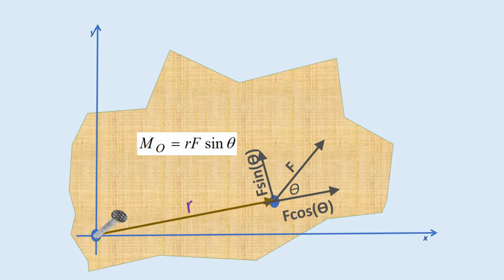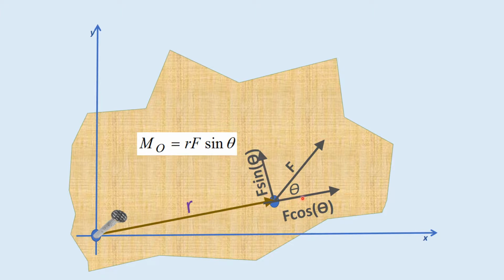Here's another way to find the moment. Instead of breaking everything up into X and Y components, we could have broken our force into which piece of that force is just pulling and pushing on the nail and not rotating, and which part of the force is perpendicular to that lever arm and is actually rotating it.